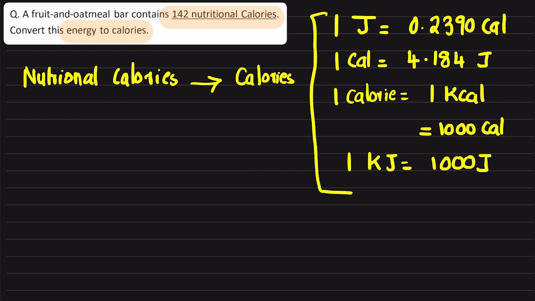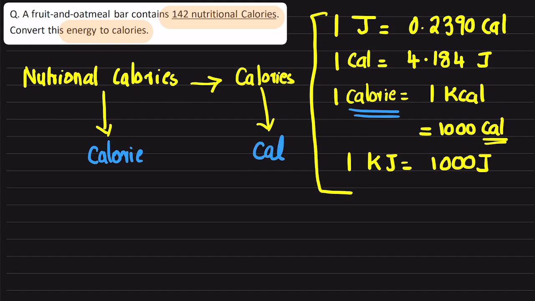The nutritional calorie is represented by Calorie with a capital C. The cal is represented by cal. So our conversion is from Calorie to cal.